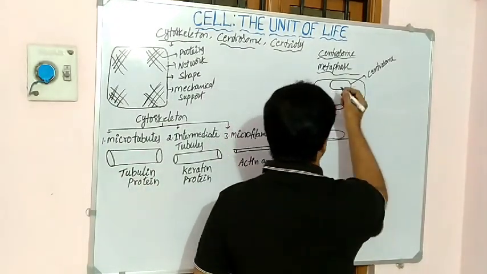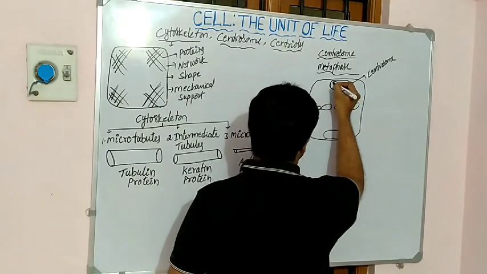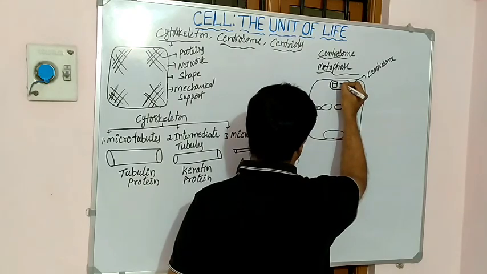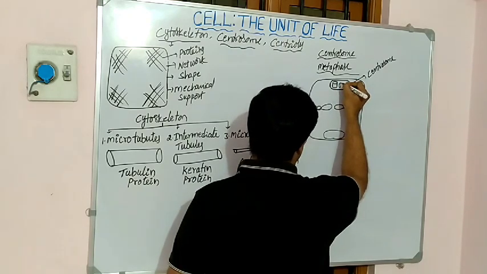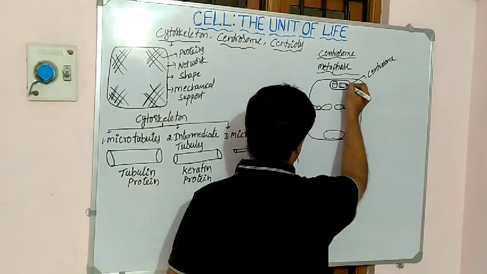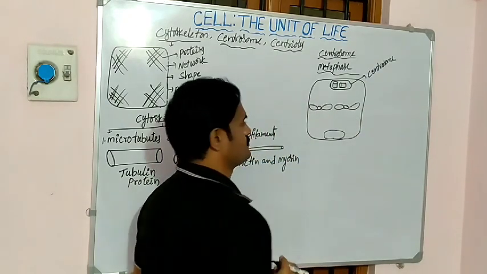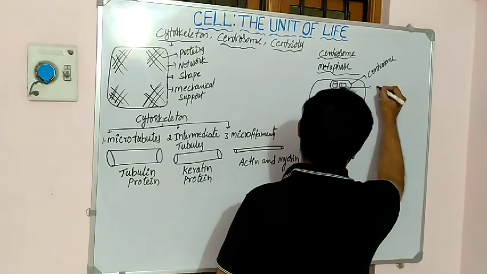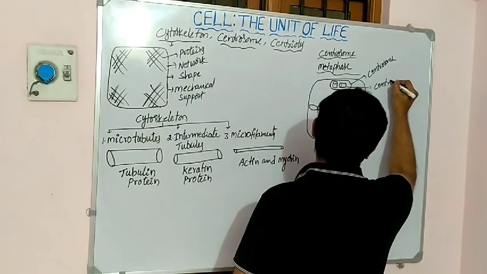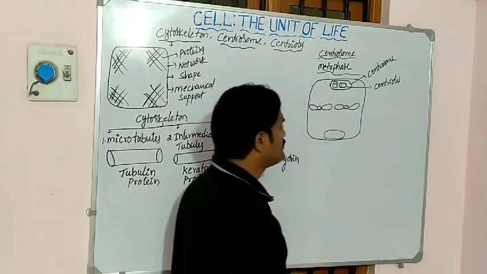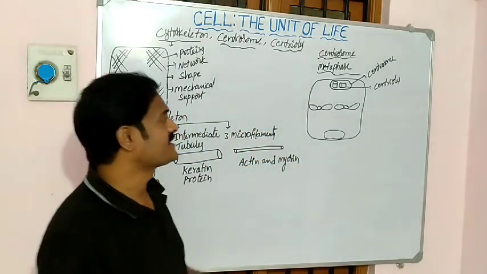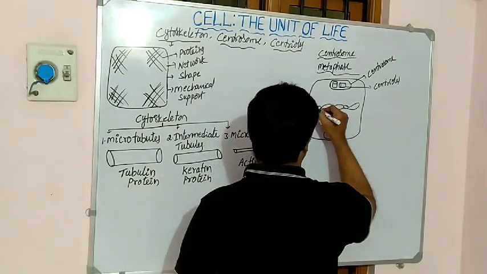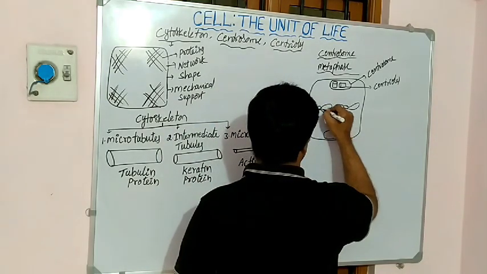Inside of the centrosome, some small internal cell organelles are present. These arrangements are called centrioles. See, during the cell division and metaphase, the chromosomes are already arranged as pairs like this.